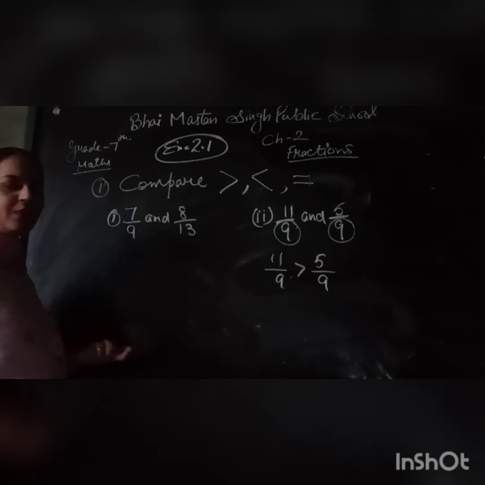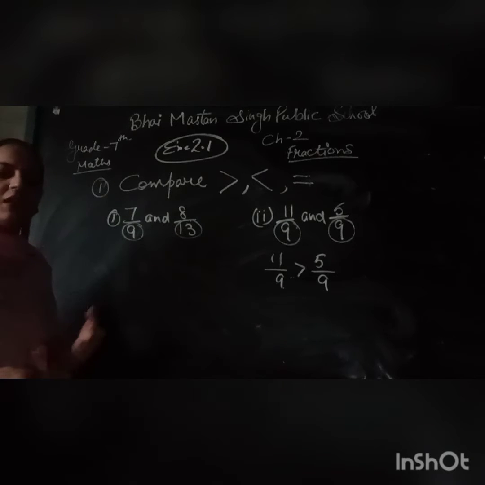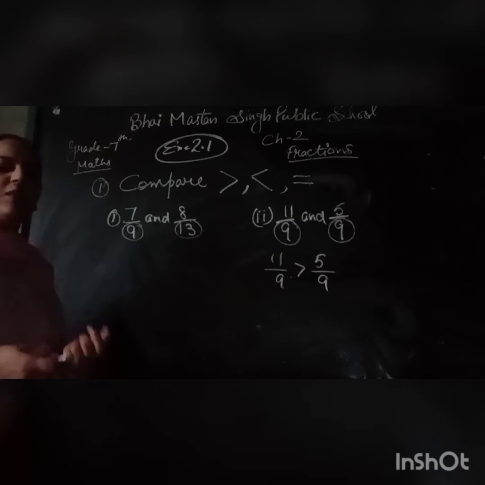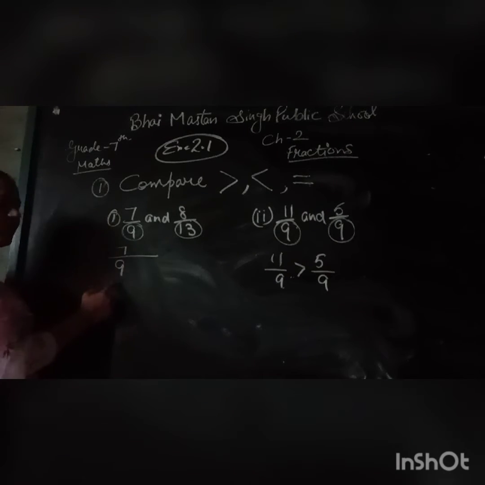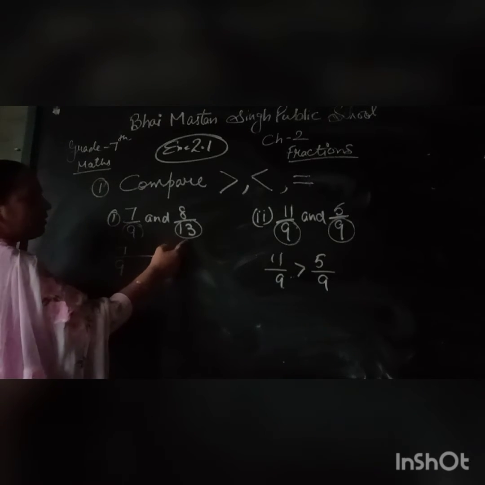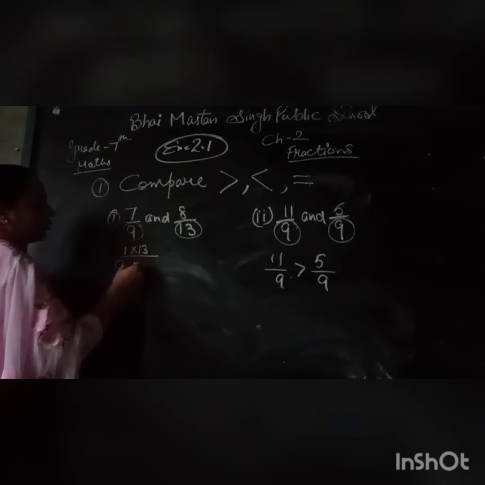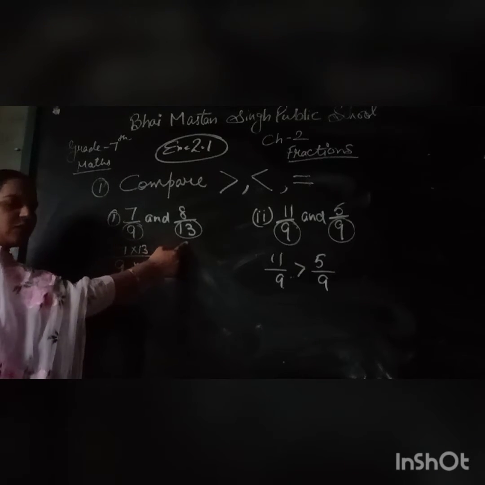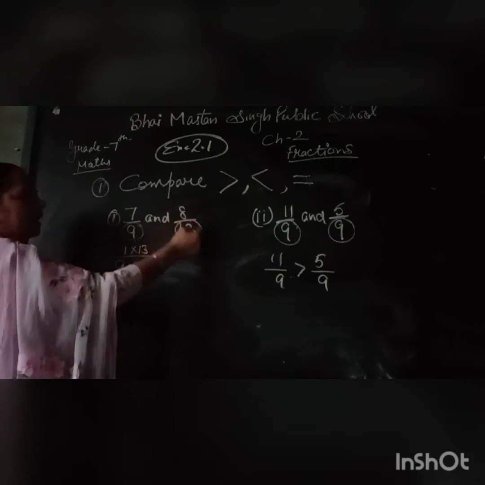But what will happen if they do not have the same denominator? If they have different denominators, they are unlike. How can we make them like terms? Then what will we do? 7/9, the first fraction I have written here, and I will multiply its numerator and denominator by 13, and the other fraction 8/13 by 9.